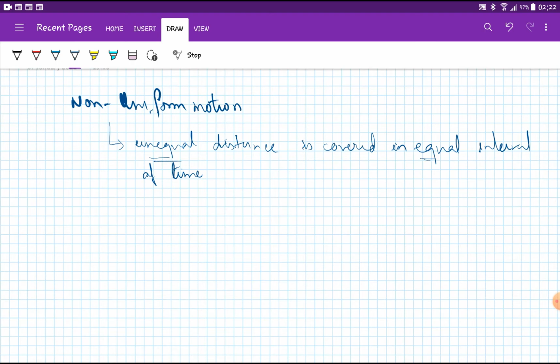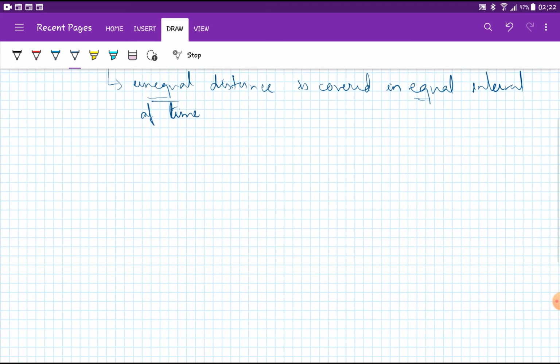Let's see one displacement time relationship. Now, why are we using displacement, why not distance? Because there is an acceleration. Whenever we are using acceleration, it is considered to be velocity and displacement.